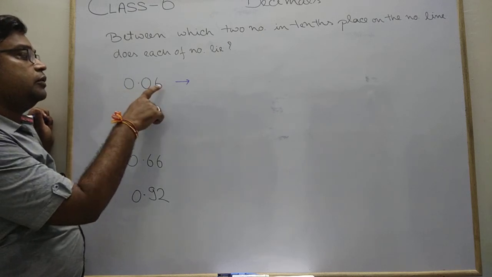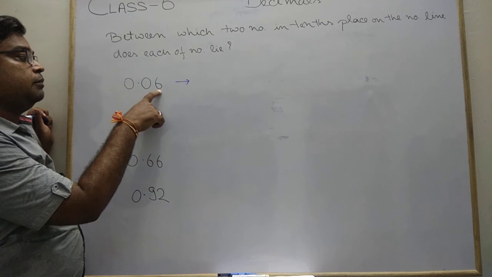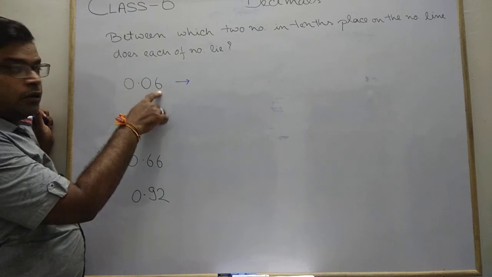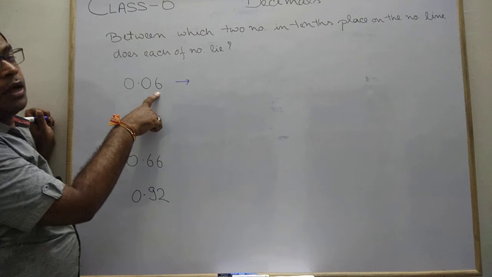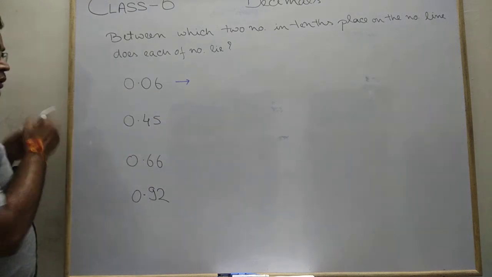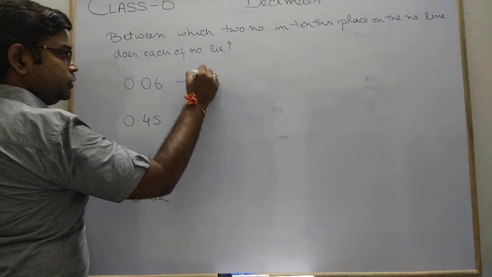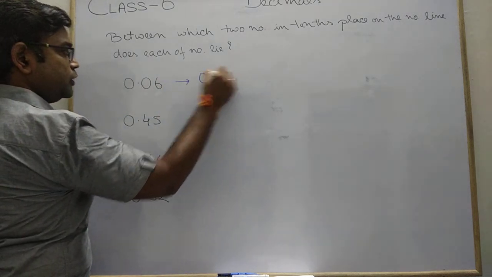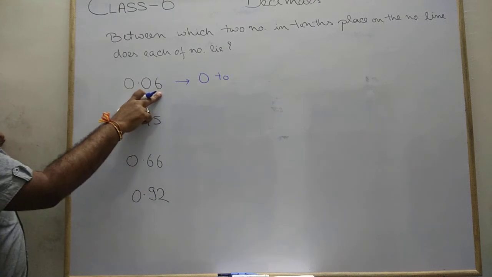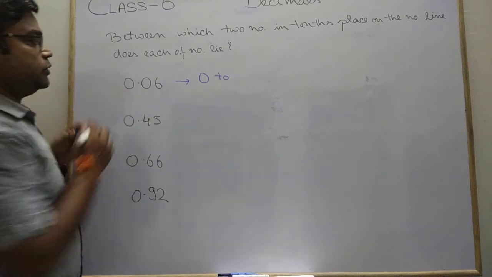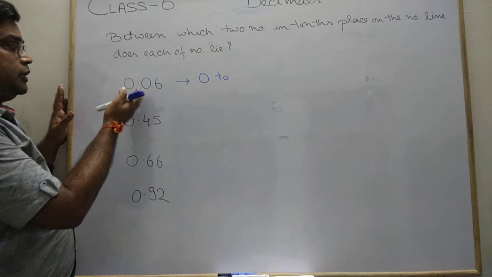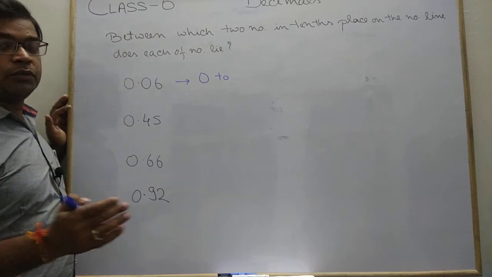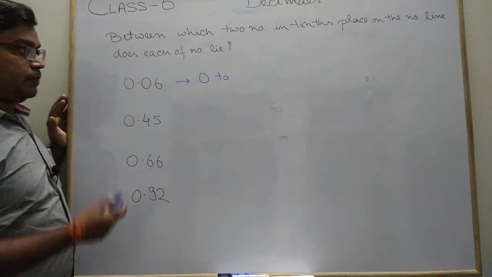Then we check whether this number comes at the hundredths place or not. Yes, the number comes at the hundredths place. So the lower limit is 0. Then the higher limit: this number gives a value less than 0.1. When you draw the number line, that is not in your course, but the introduction is in your course.